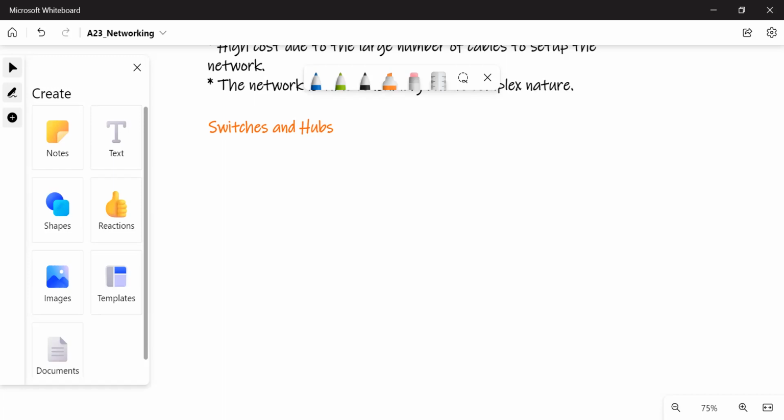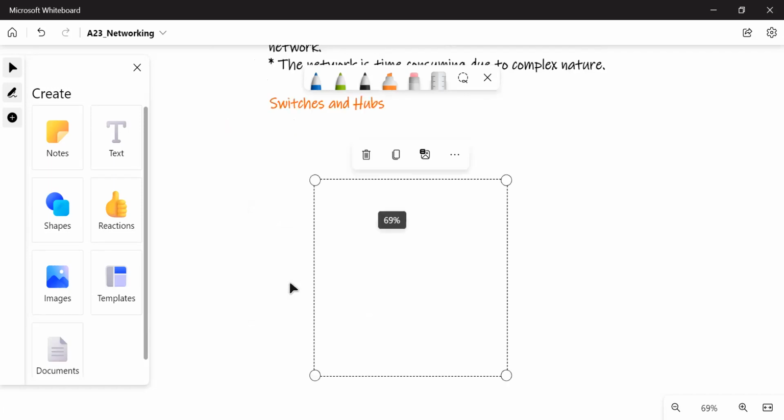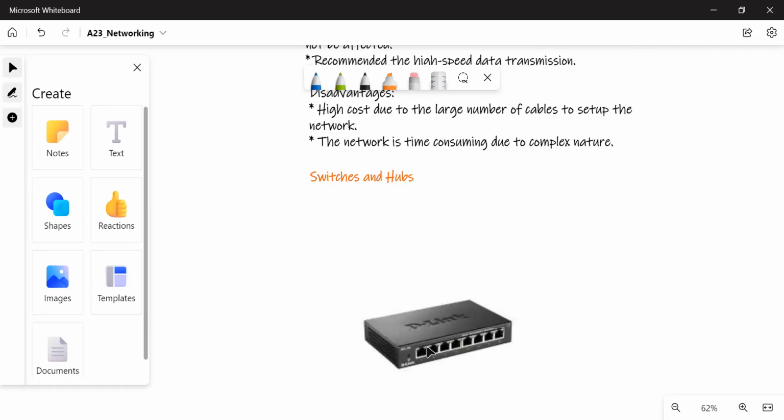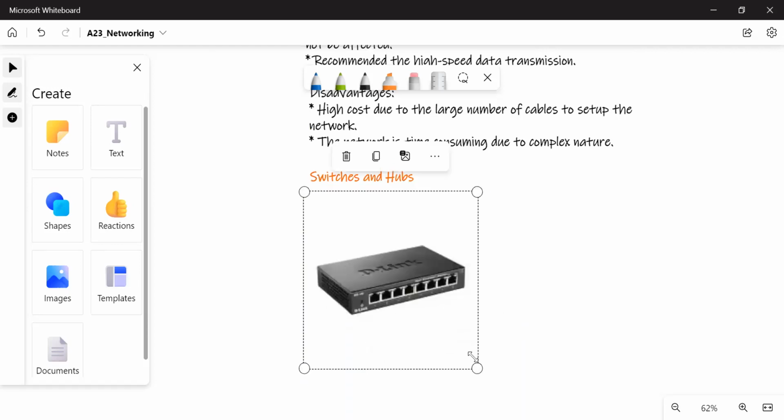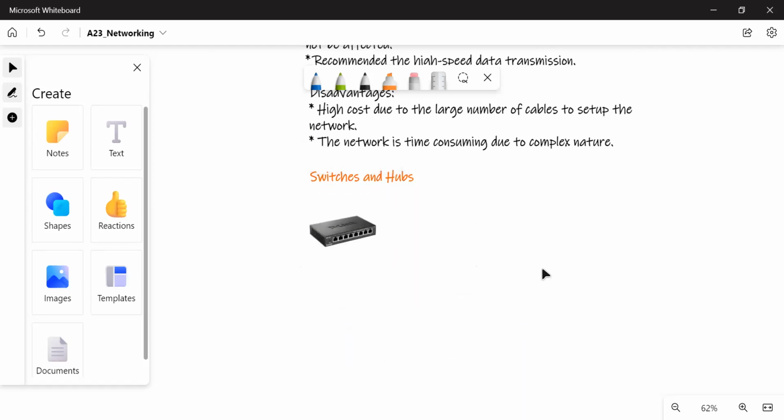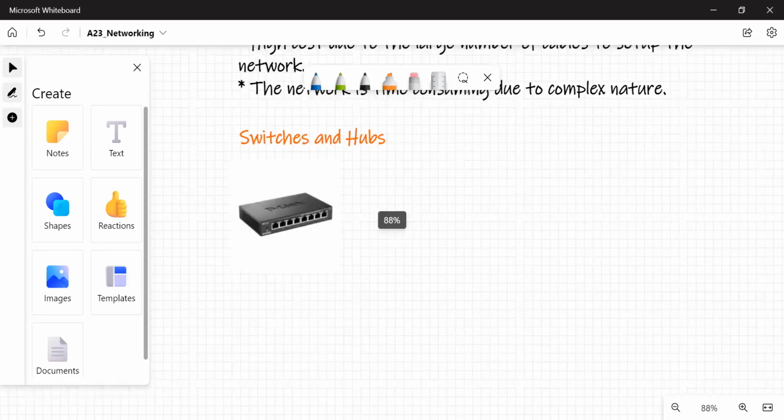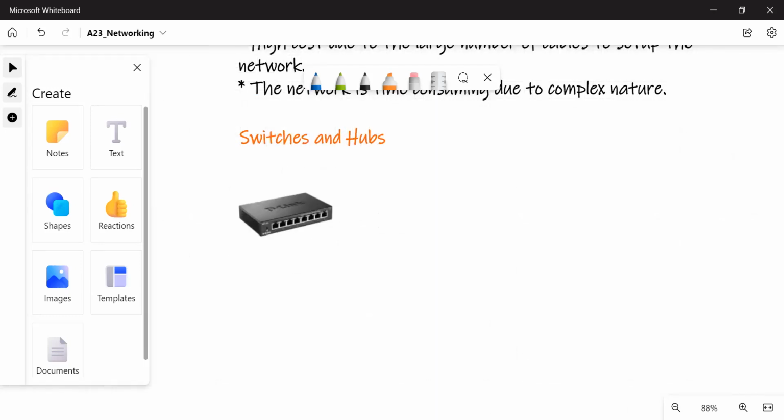So hubs usually have a limited number of ports or connections, but they look the same. Hub, it looks the same in a network if you have a hub. So this picture, I'm going to show you a hub, and then let me show a switch as well.